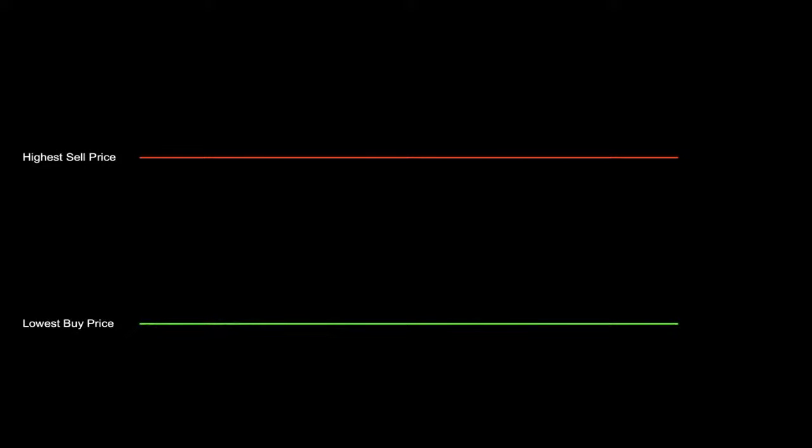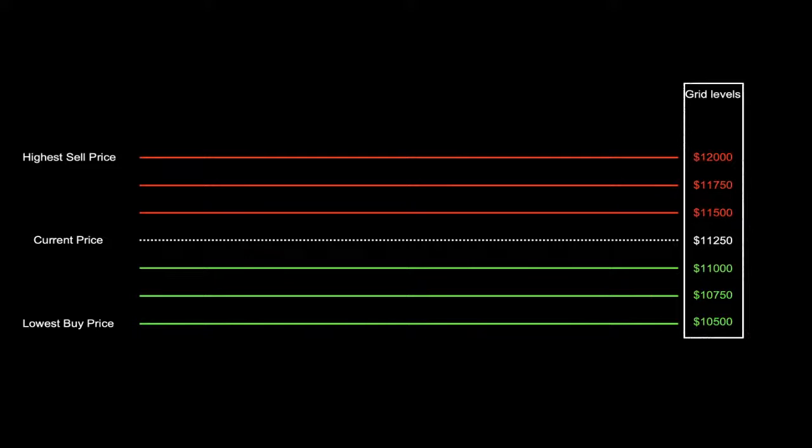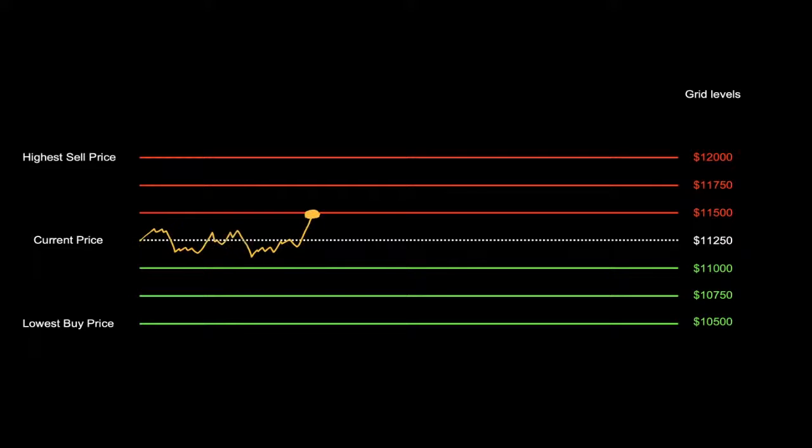So with this, you have the highest sell price, lowest buy price. In between you have other orders, and basically we call them grid levels. And here's the example. You see the market price reaches our sell limit order. So in this case, the algorithm will sell the base currency at that price.